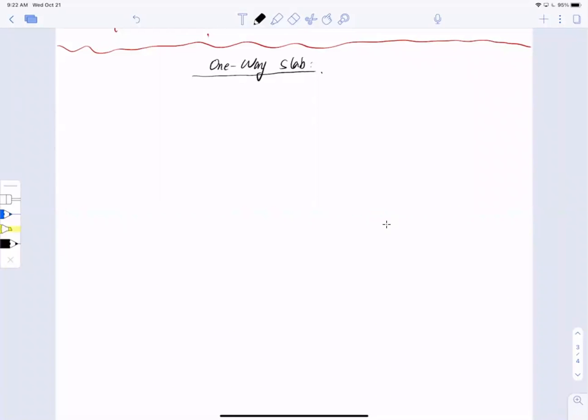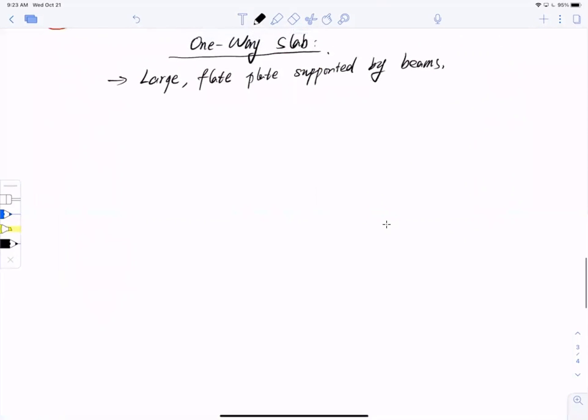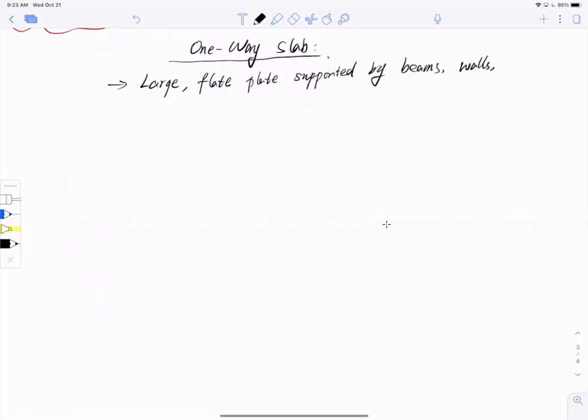We define a large, flat plate supported by beams, walls, structure, and steel beams, etc. It's just a big giant plate on support. So that's a slab.